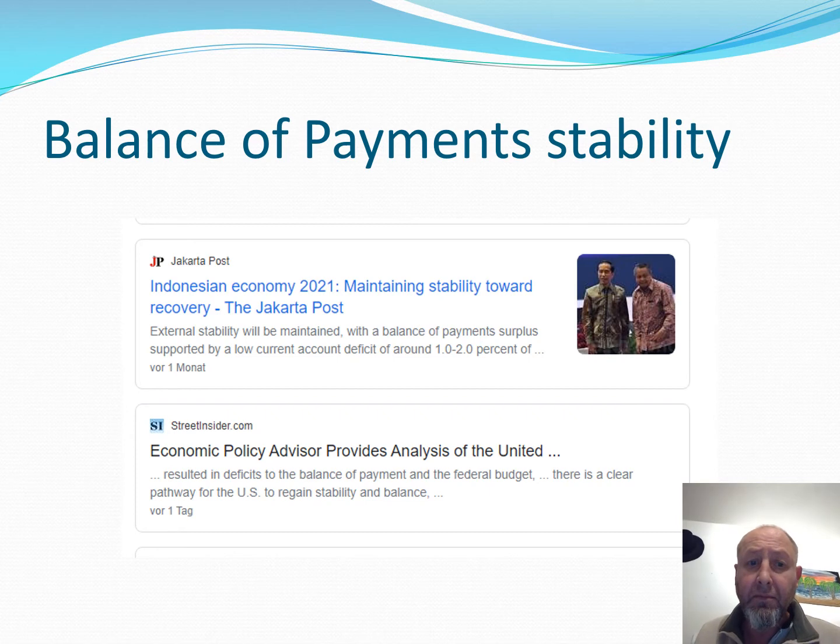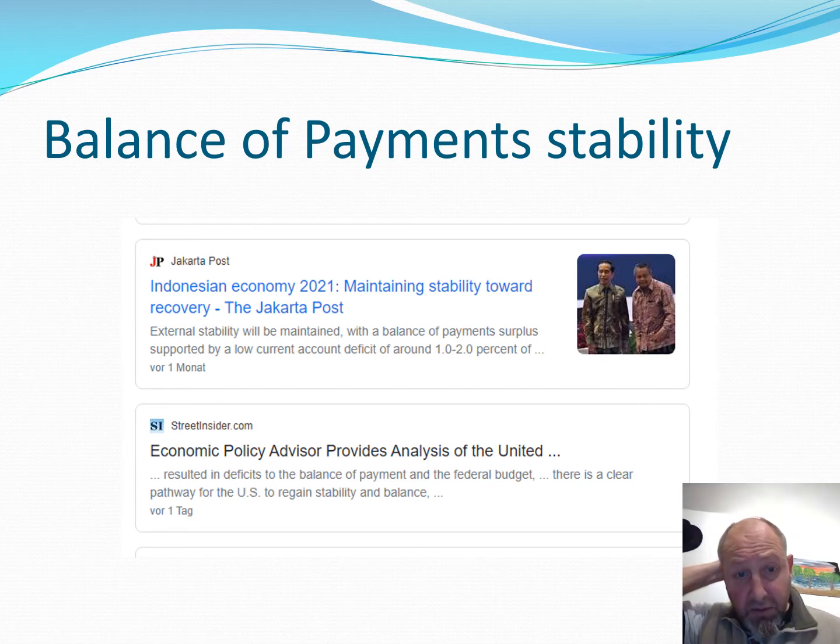On the other side, if I look a little bit further down, it's the United States, and what they've had is some deficits in the federal budget and a balance of payment deficit, as in they're borrowing to keep the economy of the USA on track.